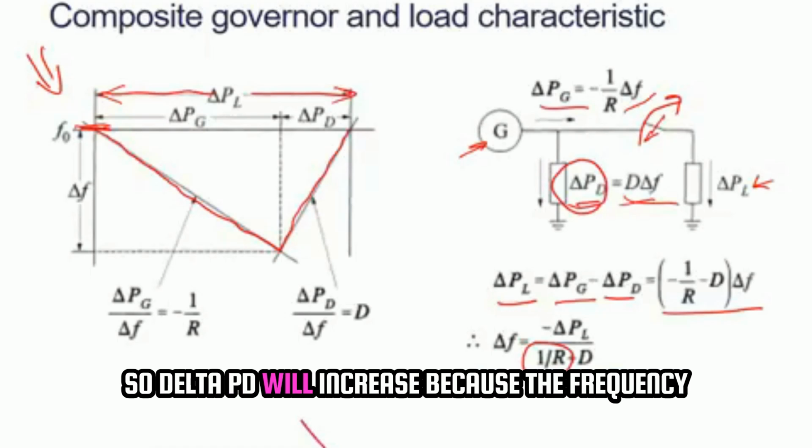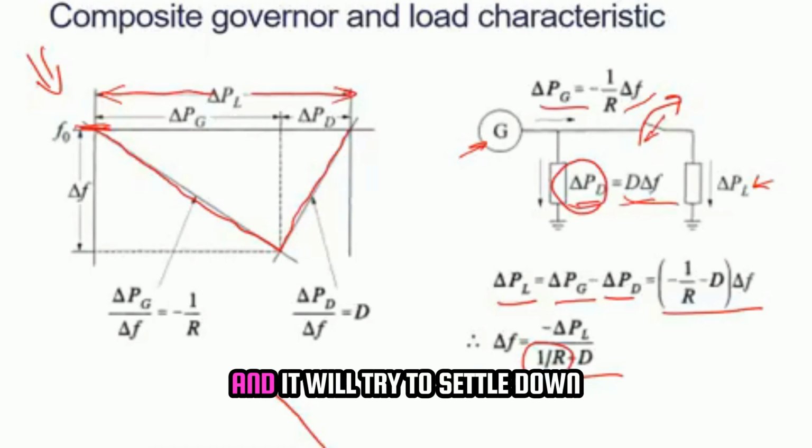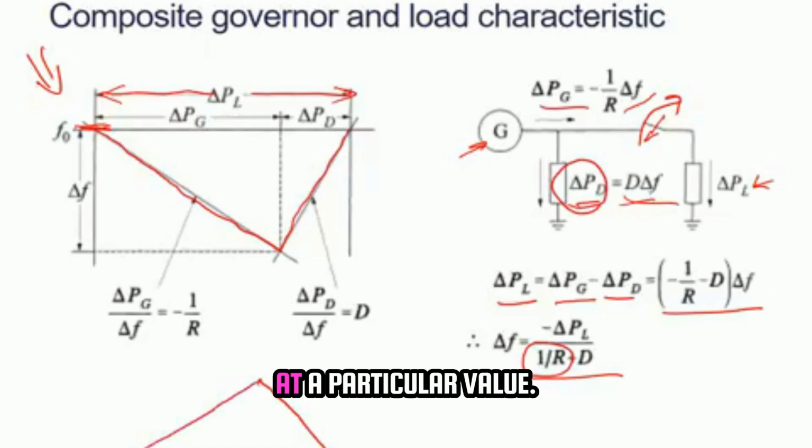So delta PD will increase because the frequency will increase, and then the generation will actually reduce because of this R, and it will try to settle down at a particular value.